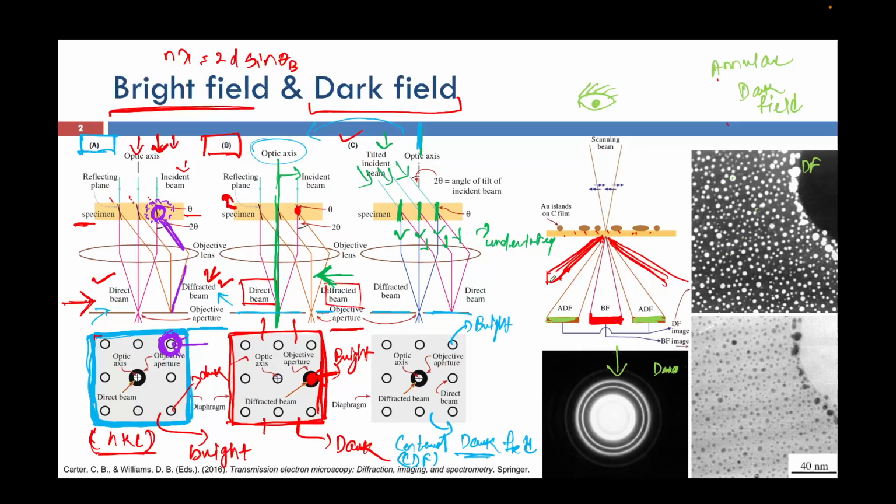However, since their angle of diffraction is very high compared to normal ADF, those are called high angle annular dark field, or simply in abbreviation HAADF. Those types of operation we call HAADF imaging, the high angle annular dark field mode.